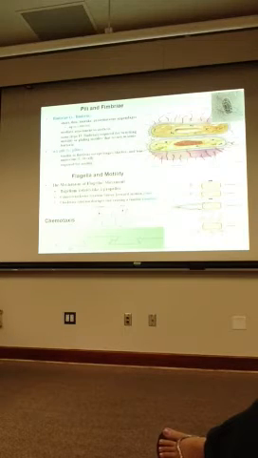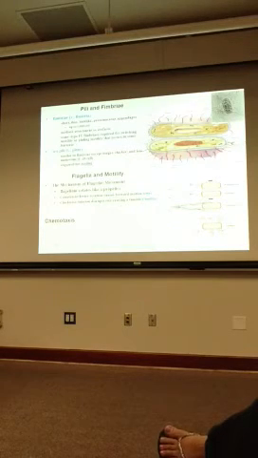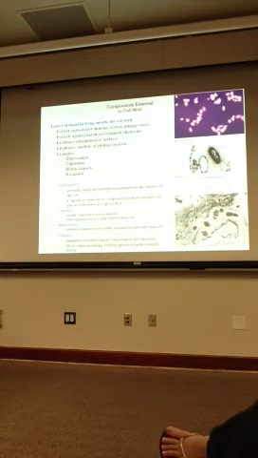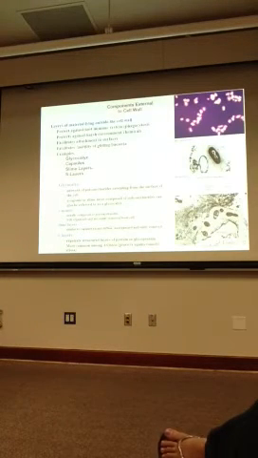Fimbriae and pili in general have some. Is there a difference between glycocalyx and capsules? Because the definition of a glycocalyx says it is a capsule. I think the difference, oh yes, I remember. Glycocalyx are sticky. They have a sticky layer.